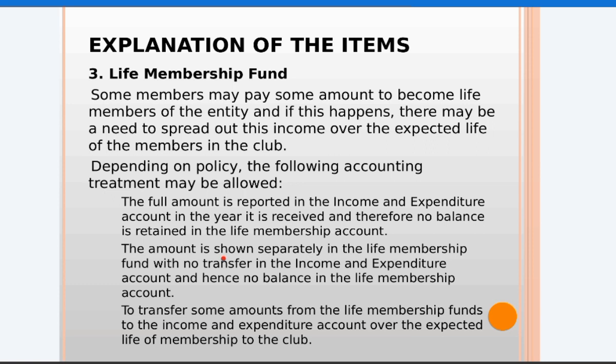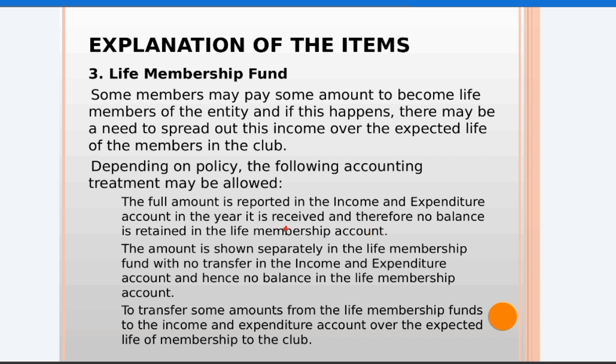The first way is to report the money received in the income and expenditure account in the year it is received, and therefore no balance is retained in the life membership account.